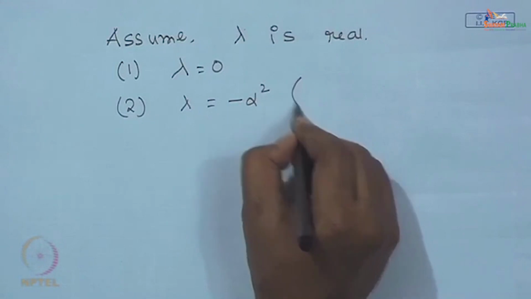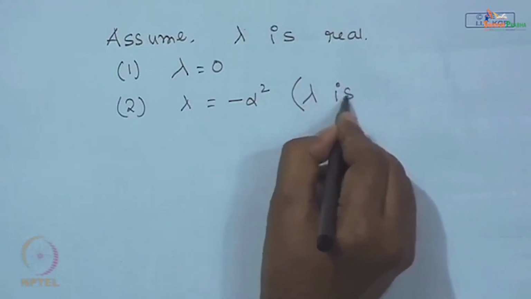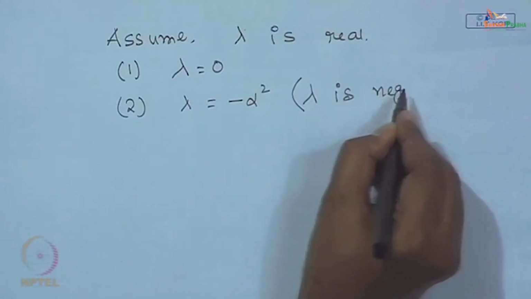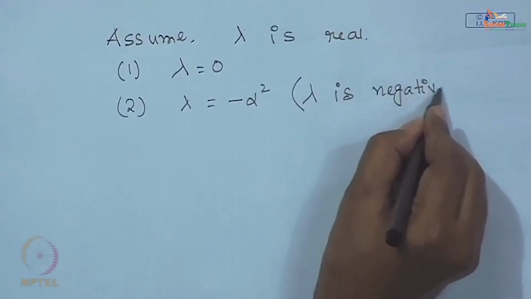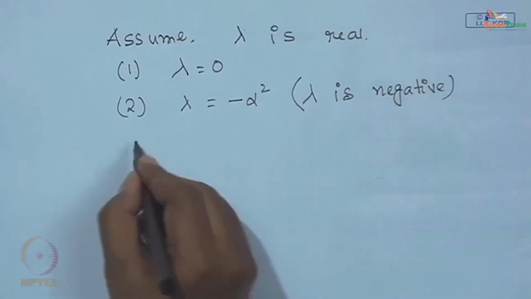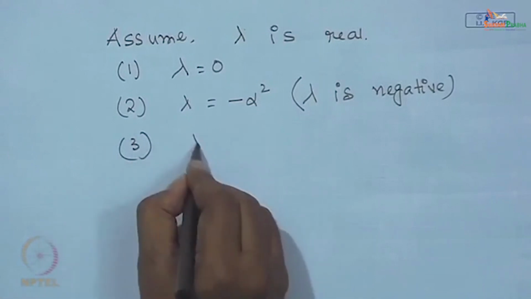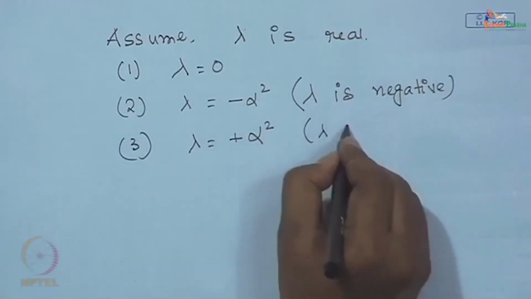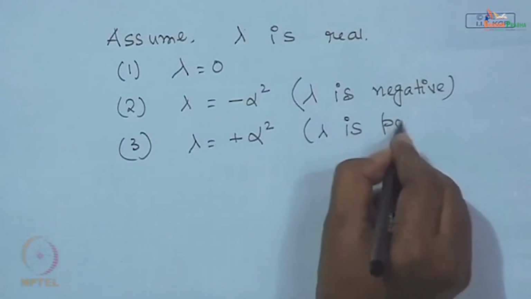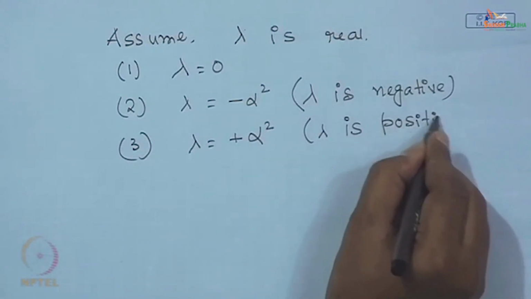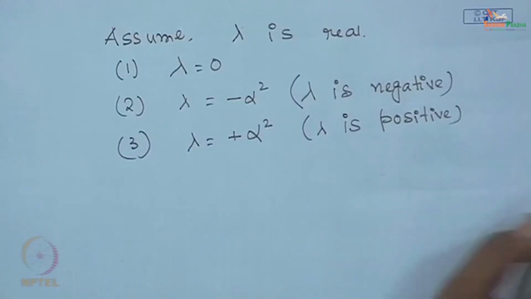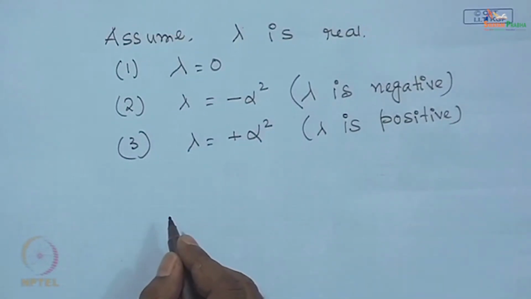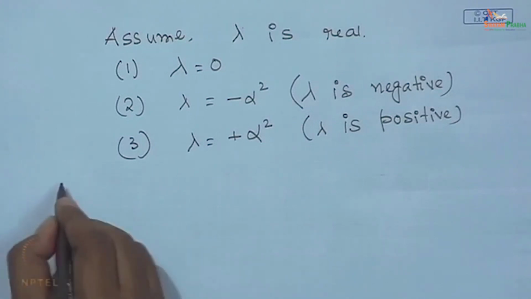This simply indicates lambda is negative, and third is lambda positive. This simply indicates lambda is positive. So, let us consider these three cases separately and see what you get.